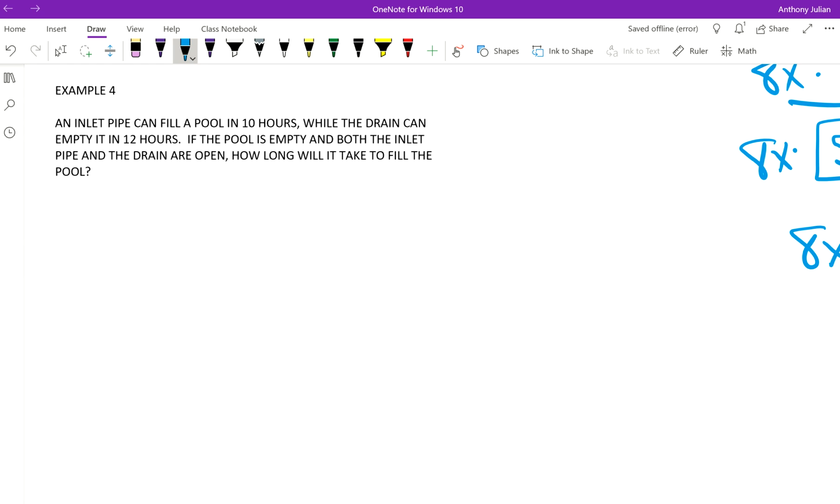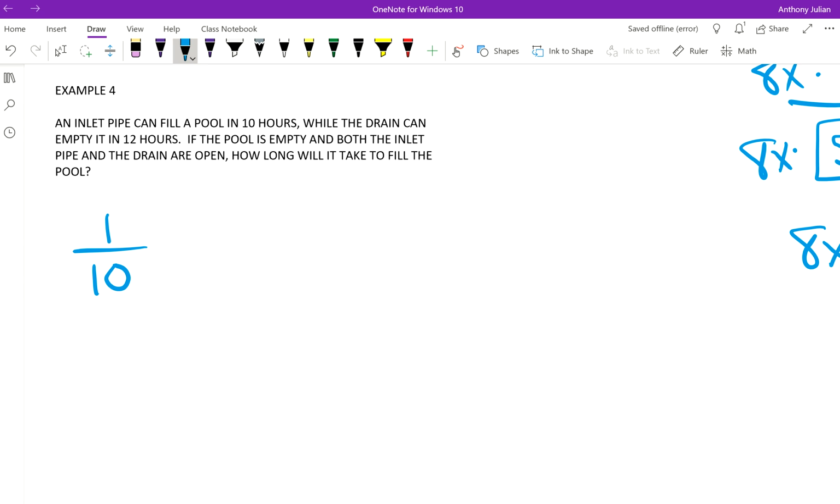Interesting. All right, so we've got the inlet pipe can fill a pool in 10 hours. So in 1 hour, it would do 1/10 of the entire pool. But now he's got a drain that can empty it in 12 hours. So that means we got a pipe going in and one going out.